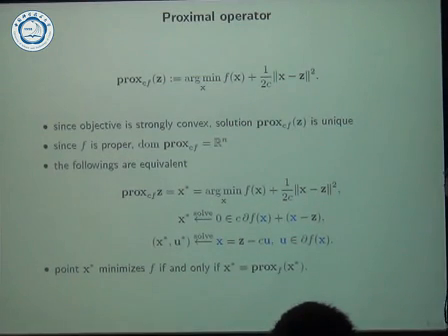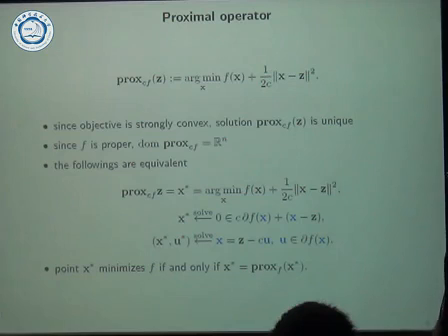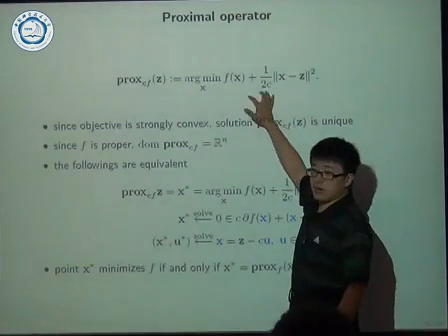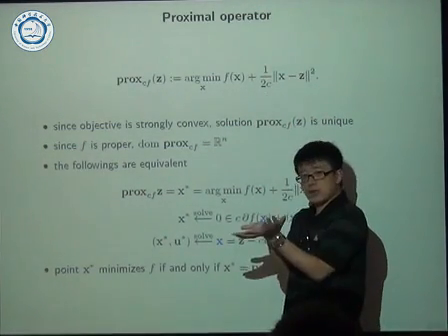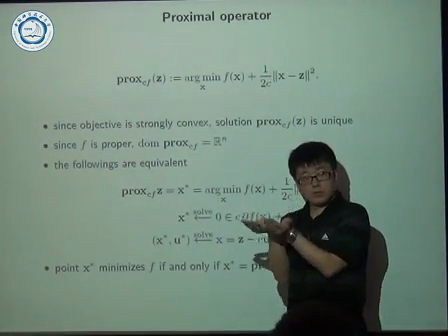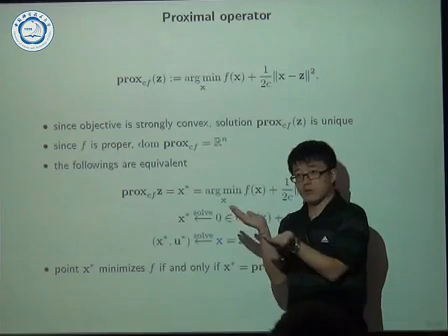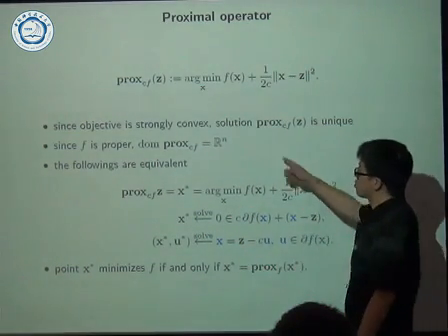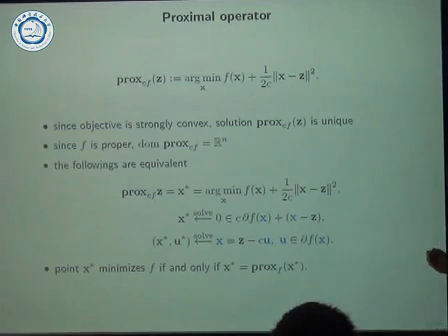This is the proximal operator. So why is it unique? From a minimization point of view, like you said, this is strongly convex. Strongly convex functions have a minimal curvature. When you have a minimal curvature and minimize the function, there's only one unique point. So the solution for a strongly convex objective is unique.